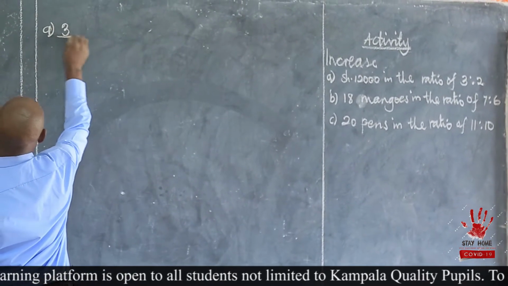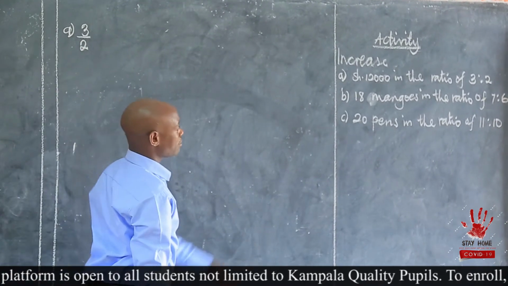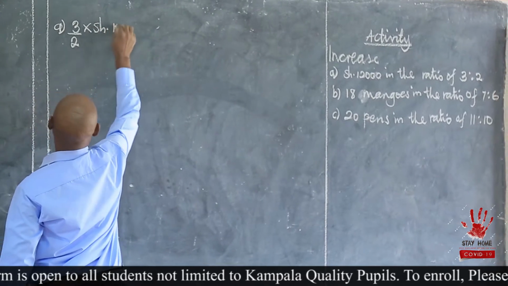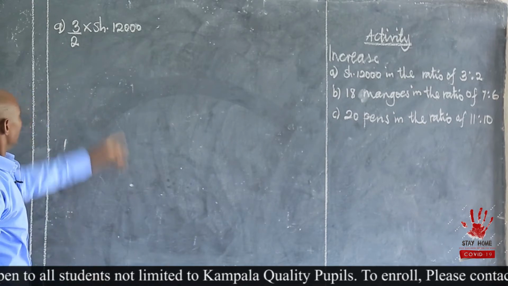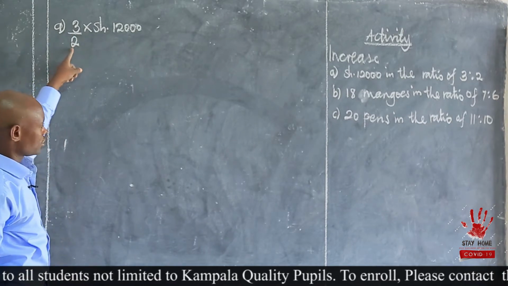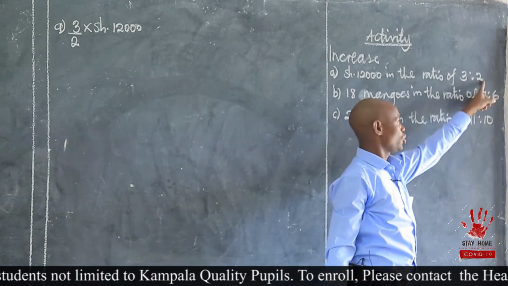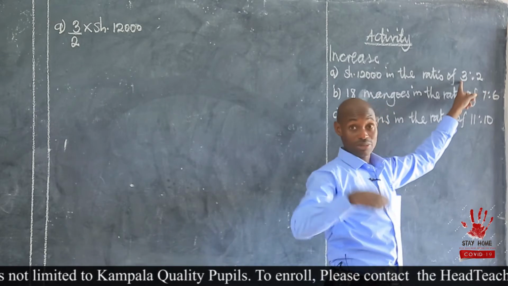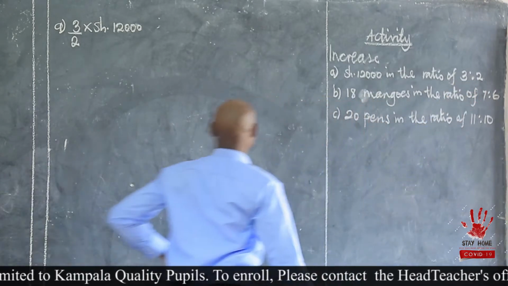So we shall get 3 out of the smaller figure, which is 2, then we multiply by the quantity given, and the quantity for this case is 12,000 shillings. Okay? 3 out of 2, a fraction which is formed from 3 to 2. Why not 2 out of 3? Because we are increasing. The bigger number should be our numerator.